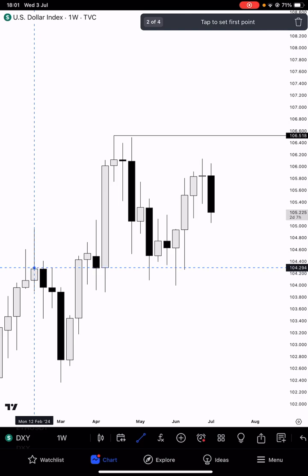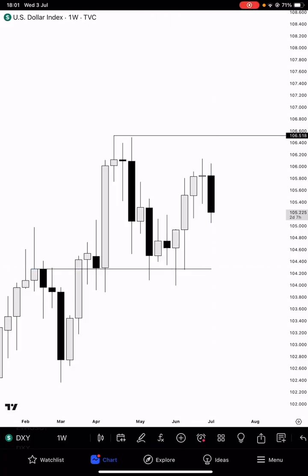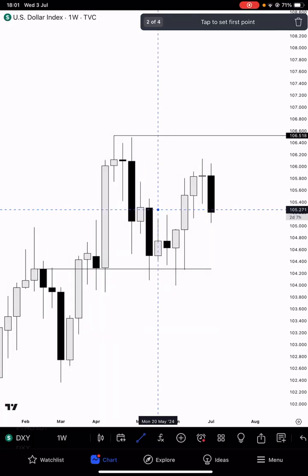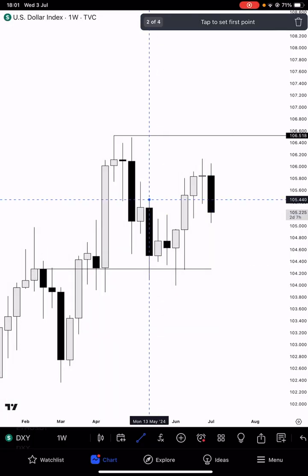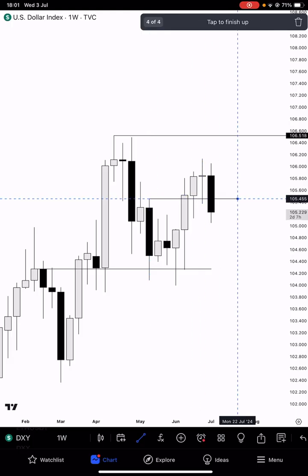We're coming off of this breaker, and after that we created this high probability order block with the closure above the wick of the candle until breakout.